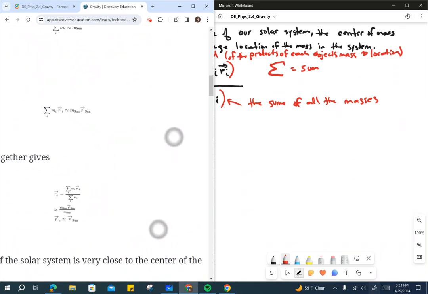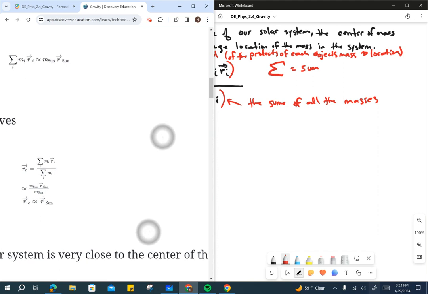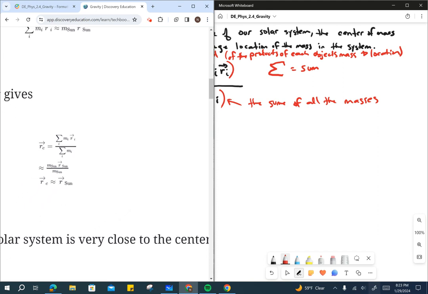So let's kind of move down here. We're just trying to follow this stuff and we're trying to make sense of this. So here, what they did was they said that the center of the mass of the universe is equal to the product of the masses and their locations divided by their sum of the masses, which you could substitute is the mass of the sun times the location of the sun divided by the mass of the sun.